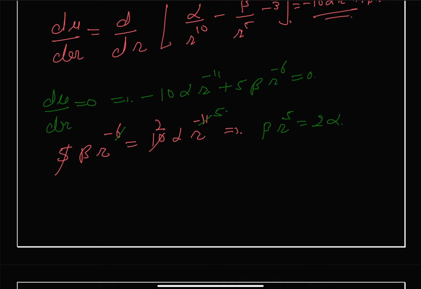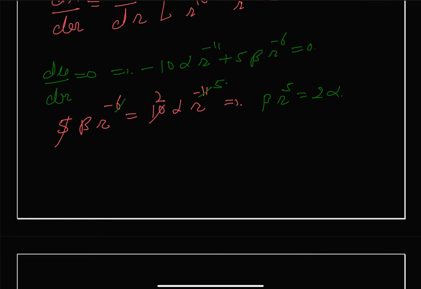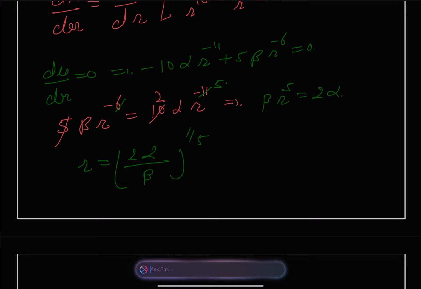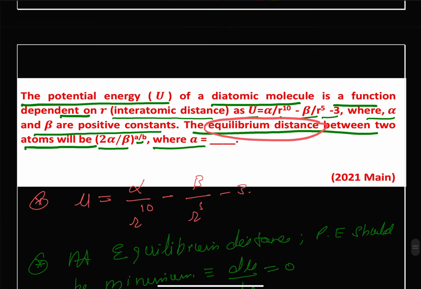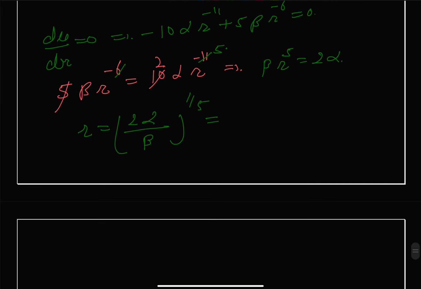And from here we can write r is equal to (2 alpha divided by beta) whole raised to power 1 by 5, and which is given to us as (2 alpha by beta) whole raised to power a by b.